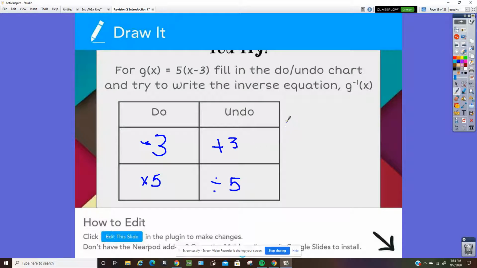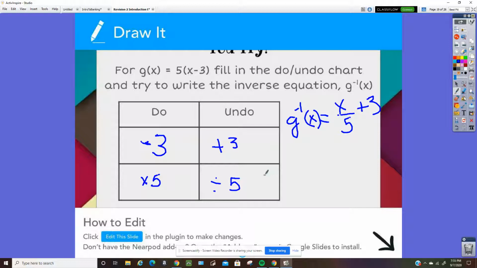So if I want to do the inverse of g of x, I write down the x first, and then I do this operation next. I divide that by 5, and then I add 3. So the inverse of g of x is x over 5 plus 3.